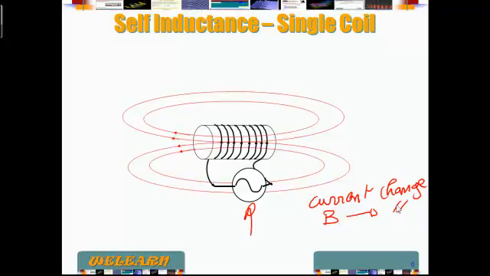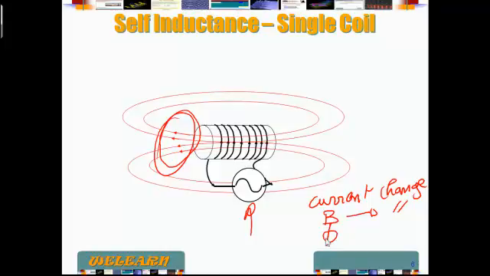Now, since it's producing a magnetic field, like we see the field lines there, that coil is going to experience that same magnetic field. Because of that, it's going to experience a flux due to that magnetic field.